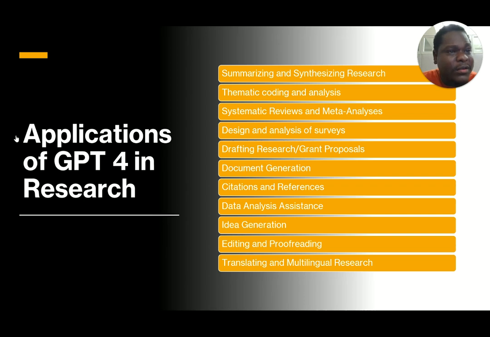For example, if a researcher is exploring the impact of climate change on agriculture, they can use GPT-4 to scan through hundreds of articles and produce a synthesized summary highlighting the most critical findings, trends, gaps in existing research, and so on.